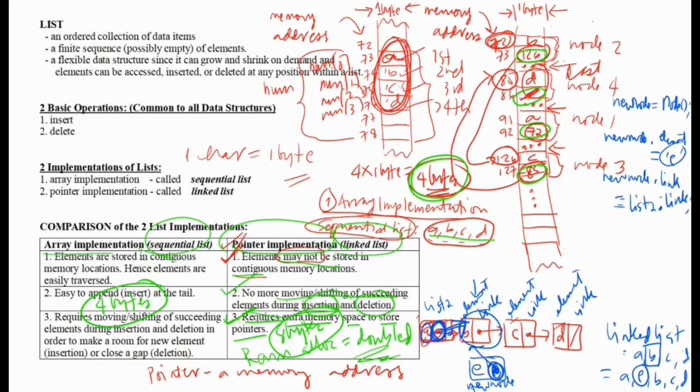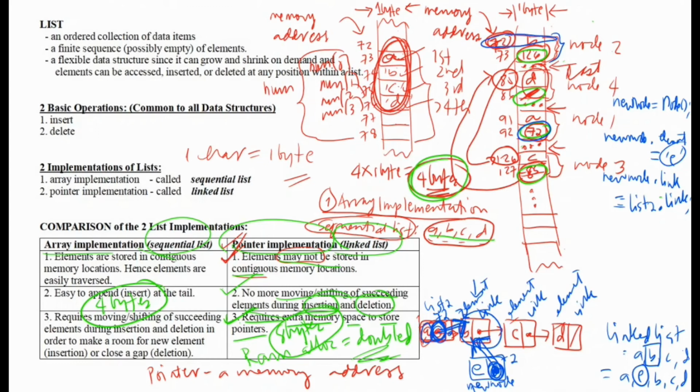List2 is pointing here, so this one would be pointing there also. What is the value of list2 dot link? It is 72, right? Since that is 72, this would also be 72, meaning this would point to that node located at 72, which is B, node 2.